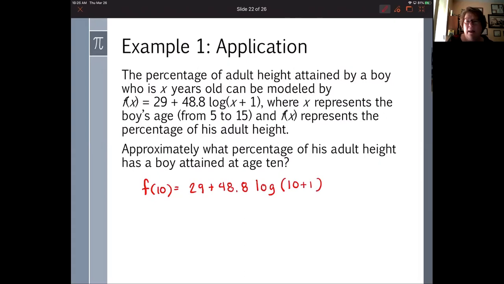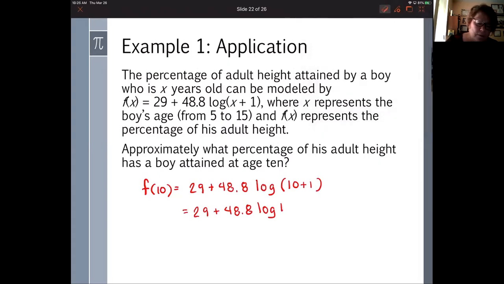And I can go ahead and add 10 and 1 and get 11. So this is 29 plus 48.8 times the common log of 11. And I said I was going to write 11, and I wrote 10.